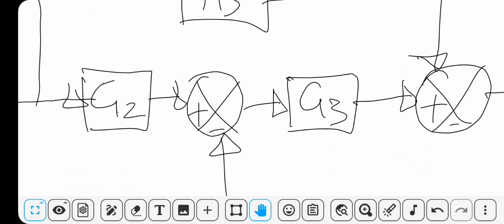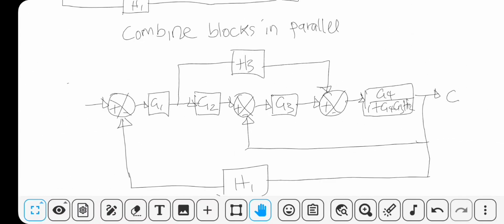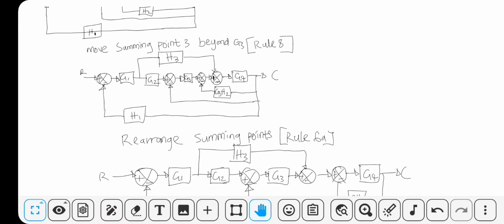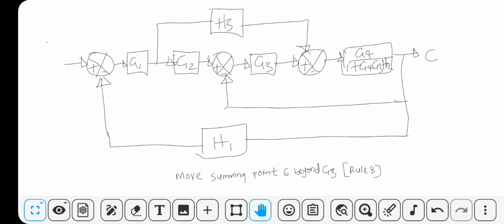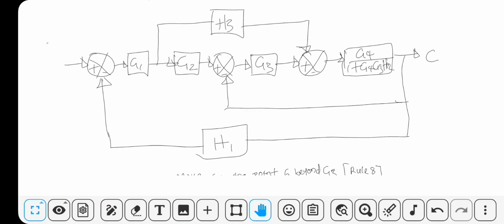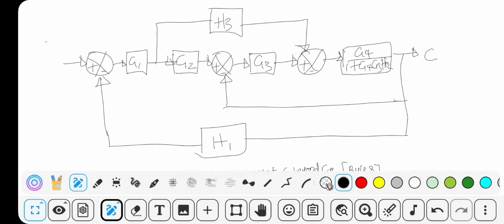So this is from the initial diagram. We were numbering, so I just stopped numbering, but I think we need those numbers now. So this is 1, this is 2, this is 6, this is 3. Any number that is not here, just know that we have eliminated that. So 1, 2, 6 and 3.